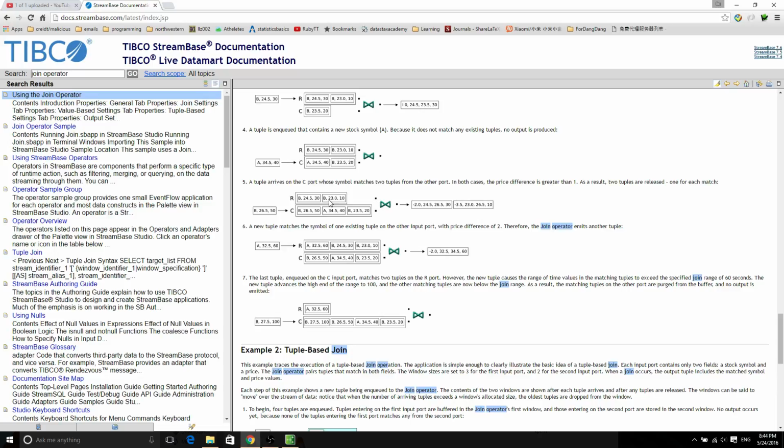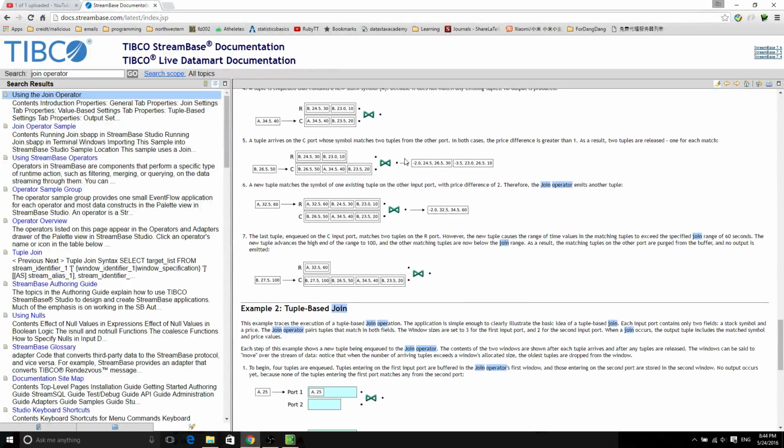Then it also checks the other entry: 50 minus 10 is less than or equal to 60, and 26.5 minus 23.0 is greater or equal to 1. The symbol matches, therefore we have a second output.